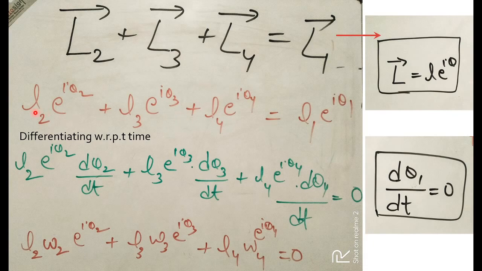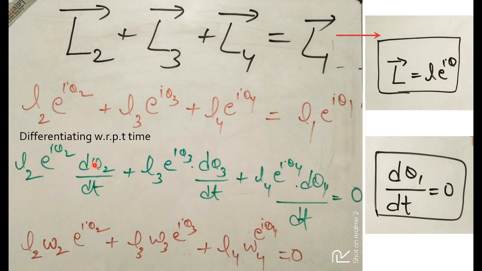So L2 is a constant, so that differentiation will be L2 into, what is the differentiation of e raised to a function? Same, e raised to that function, into the differentiation of the function. So the differentiation of e raised to i theta 2 is e raised to i theta 2 into d theta 2 by dt, since theta 2 is a function. So for the first term, L2 e raised to i theta 2 into d theta 2 by dt.